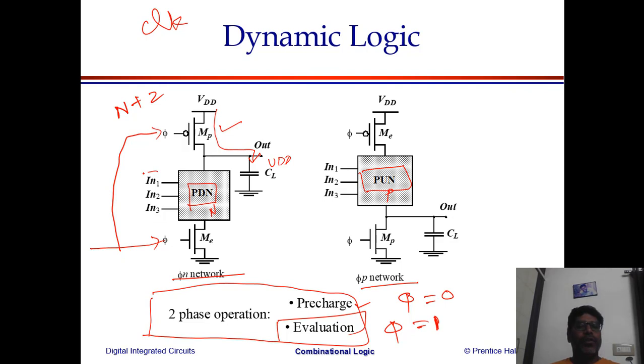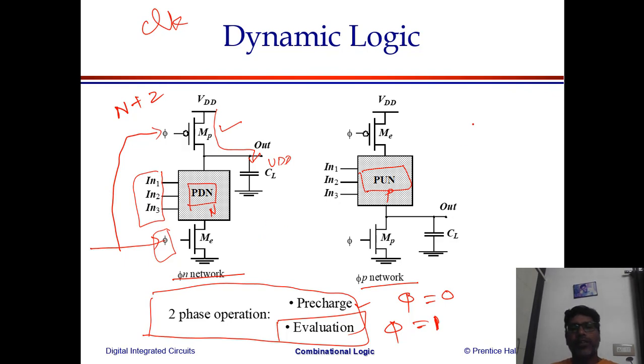Say if you give any value for n1, n2, n3, based upon the input, either the output will be retained at VDD or it will be pulled down to ground, based upon phi equal to 1. So that is evaluating the logic, and based upon the input value given, you will get evaluated to 0 or 1. That's why we call this dynamic logic, with two different phases, pre-charge and evaluation.